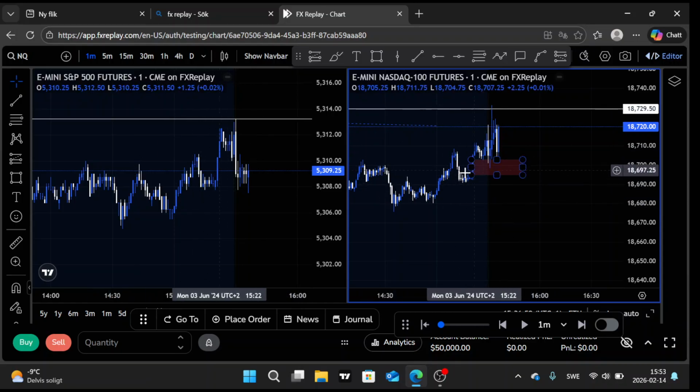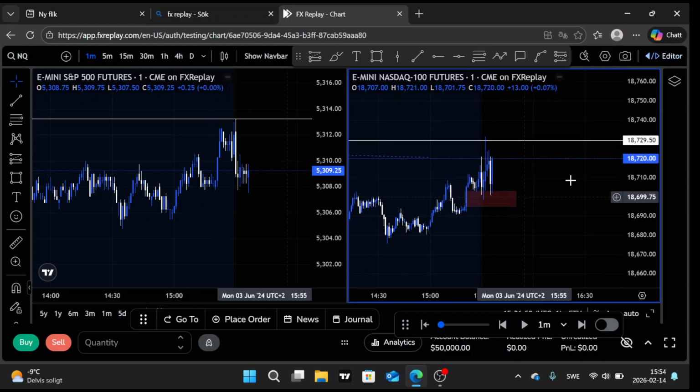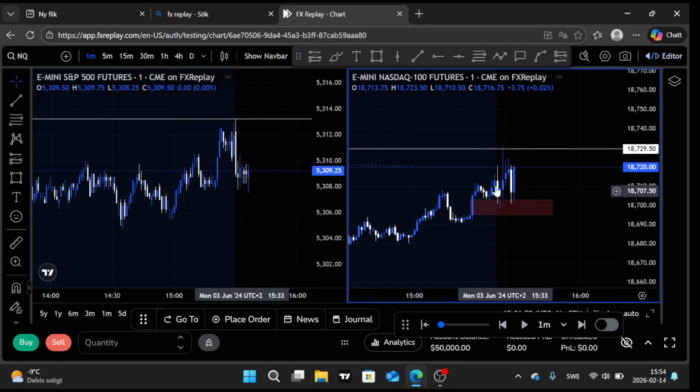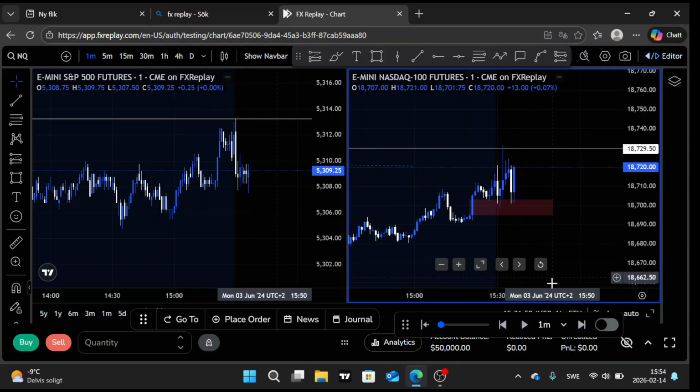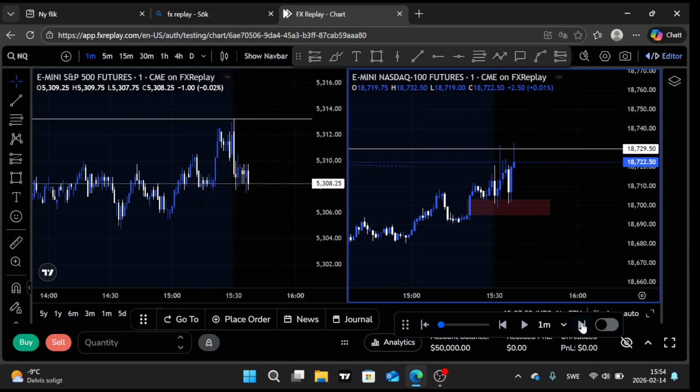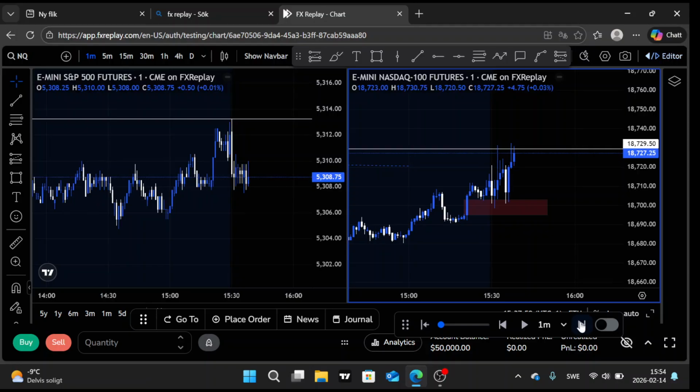We still respect this 5 minute gap, and we have closed above this high, this 1 minute candle. Here we go, still uncertain where the market wants to go.